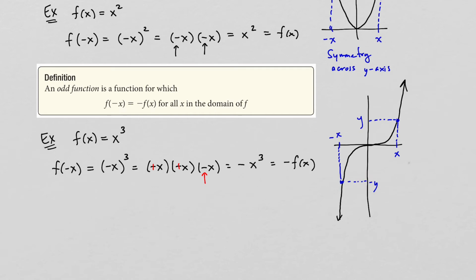What's happening here is if you draw a line from one point to the other, it goes through the origin. And so odd functions have this trait of having symmetry through the origin. And we'll talk more about what the symmetry means later on when we start graphing trig functions.